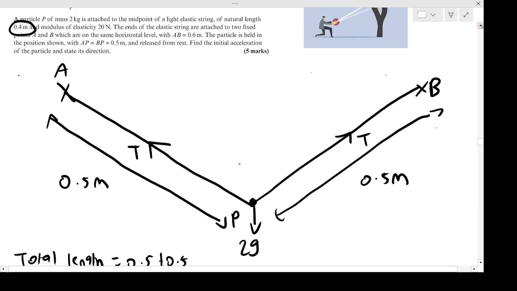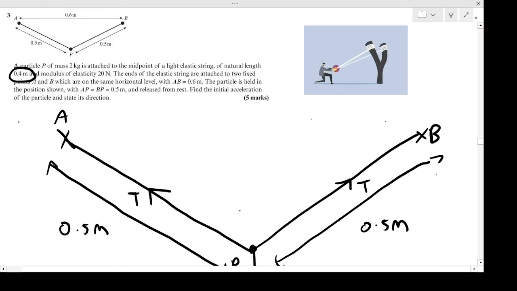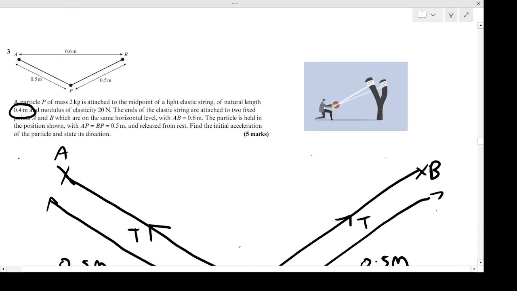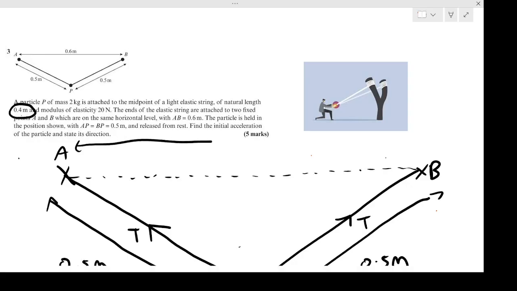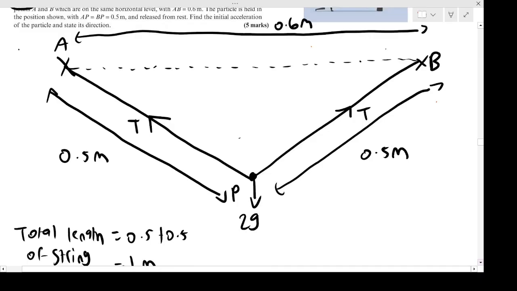Okay, there we are. Now, if we then add on the other length, so hopefully happy with that. That's the situation here, okay? We also know that this length from A to B is 0.6. Now, the issue is the tensions are on a slope.